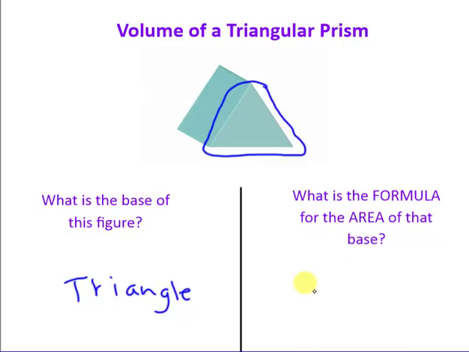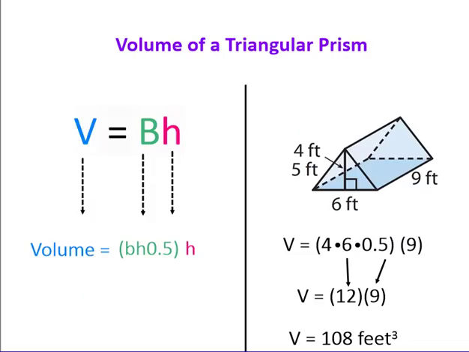Well, for calculating the area of a triangle, we're going to use base times height times 0.5. So let's take a look at how that applies to the formula. So again, we have V equals big B times H, which breaks down to volume equals base times height times 0.5 of that triangle times the height of the prism.